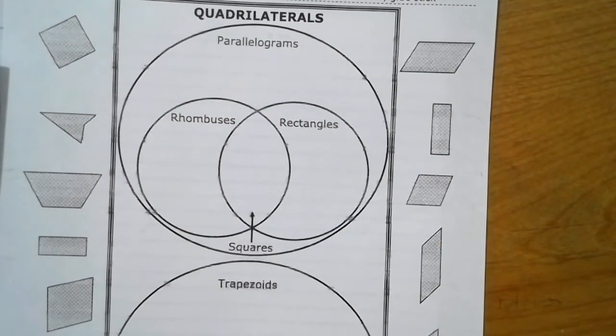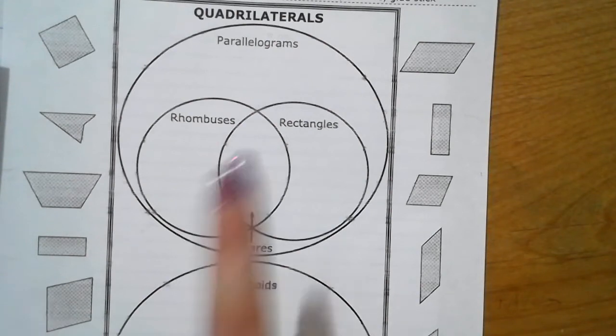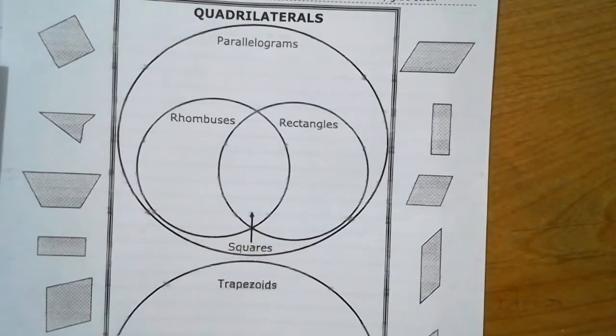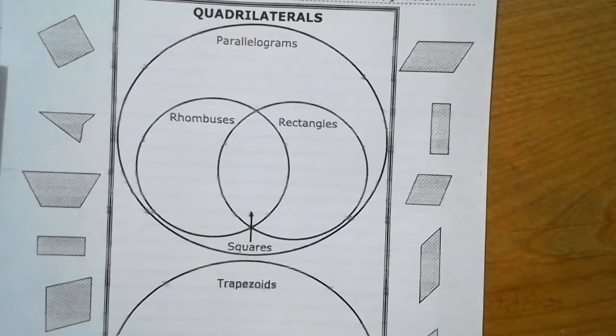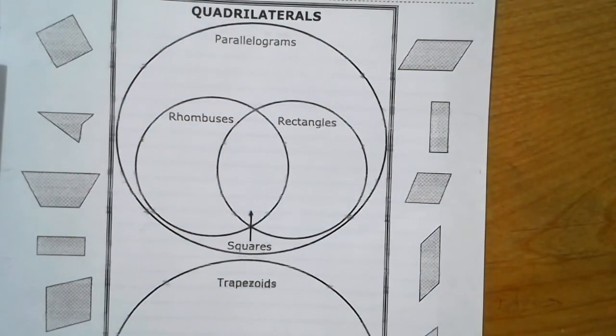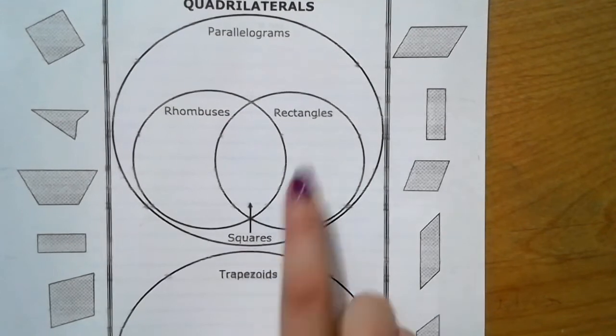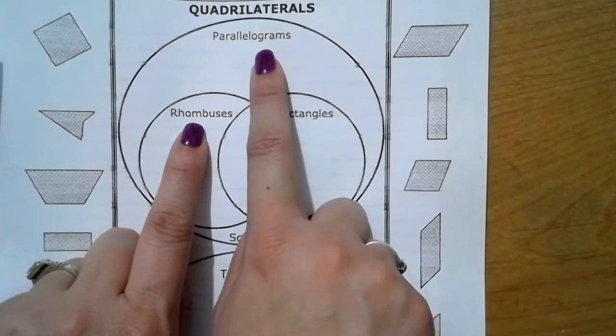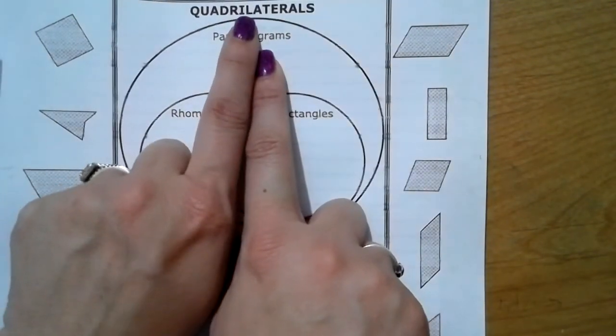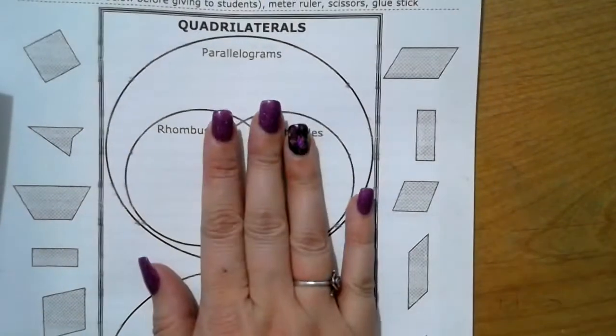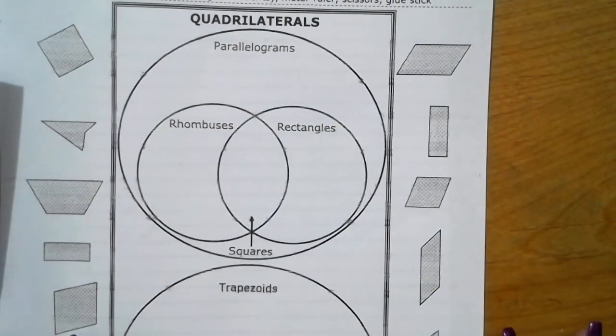My hint for you is that there is truly only going to be, I think, one, possibly two in this little circle, that little circle right there, okay? So again, if you're a way cool square, you are a square, a rectangle, a rhombus, a parallelogram, and a quadrilateral, okay? So you're going to cut these shapes out and glue them where they go.